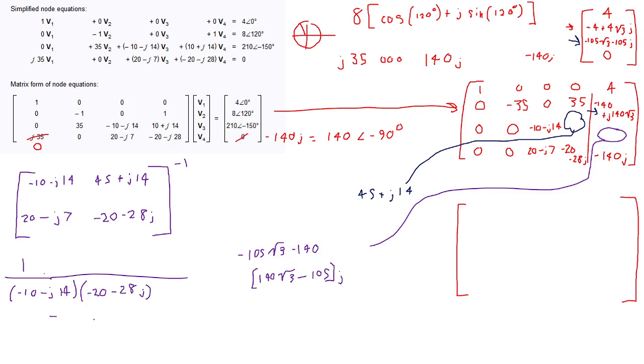And it's minus BC, so this is going to be minus 45 plus 14J times 20 minus J7.